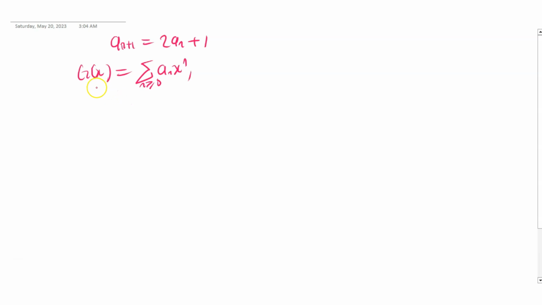The coefficients of g of x are the terms of this sequence, so the expansion of g of x will be a sub 0 plus a sub 1 x plus a sub 2 x squared. So the coefficient of x to the n is a sub n. If we can find an explicit expression for g of x, then we are sure that we have found the n-th term of this sequence.